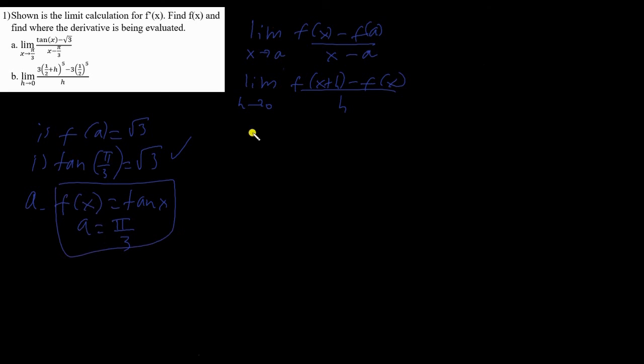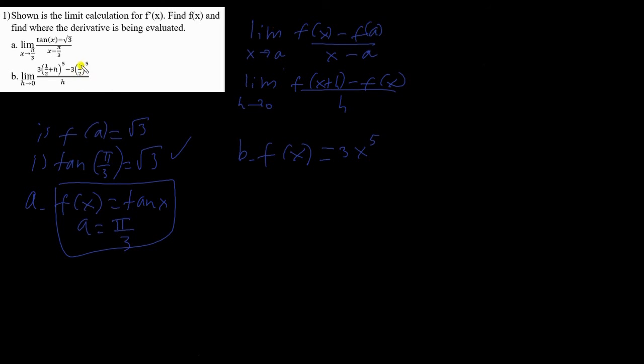And then for part B, it's looking like the second definition, because we have a function of x plus h, and then we have just the x. We have 3 times something to the 5th power, so it looks like f of x is 3 times x to the 5th power, and then the x value here is what's in the parentheses.